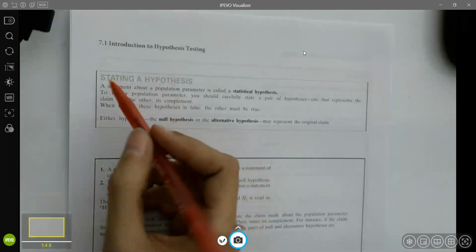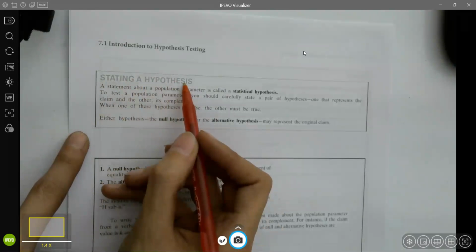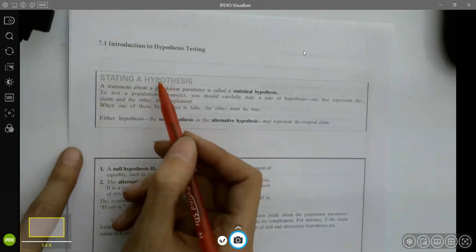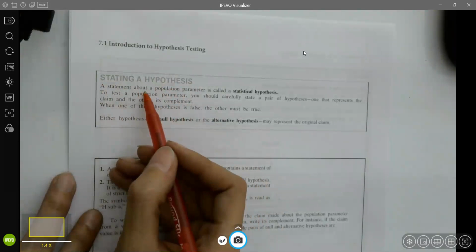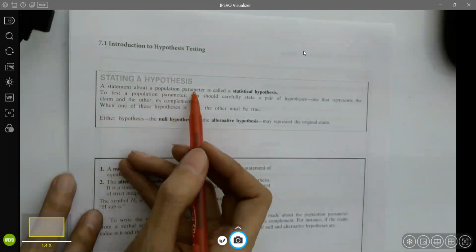So what do we mean by stating a hypothesis? How do we officially state a hypothesis? A statement about a population parameter.